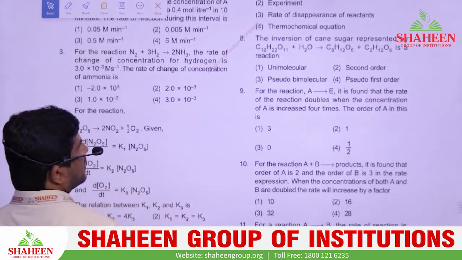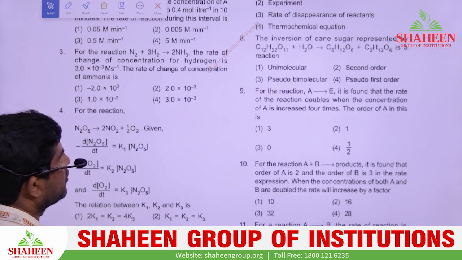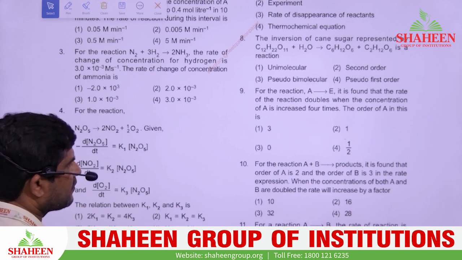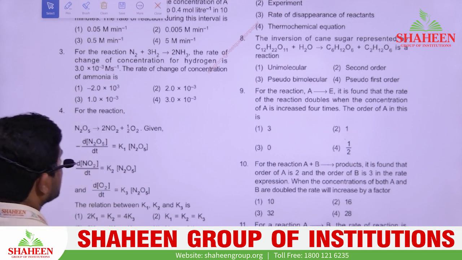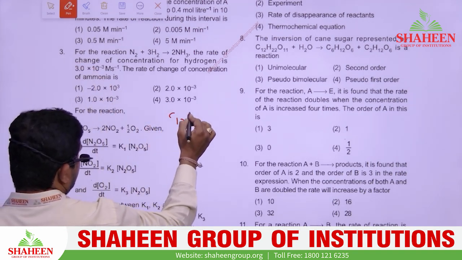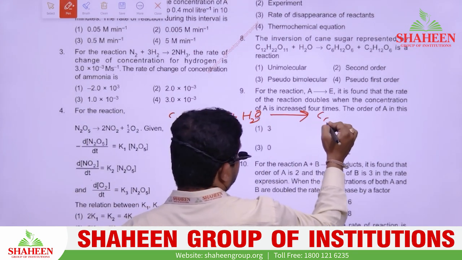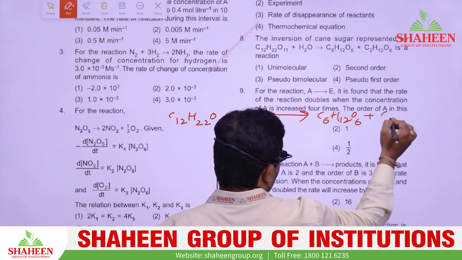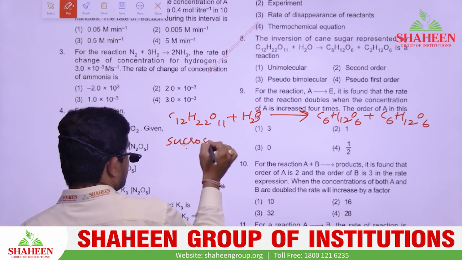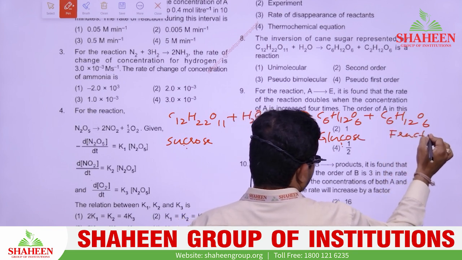Next question: the inversion of cane sugar represented by C12H22O11 plus H2O gives C6H12O6 plus C6H12O6 is which type of reaction? Here, how many reactants are there? Two reactants. C12H22O11 is sucrose, and the products are glucose and fructose.